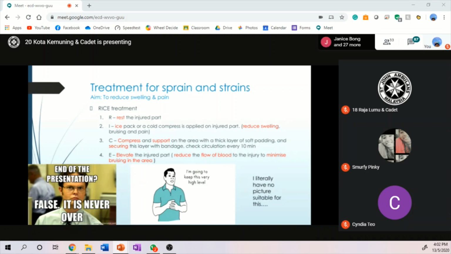Then you need to compress and support the area with a thick layer of soft padding.